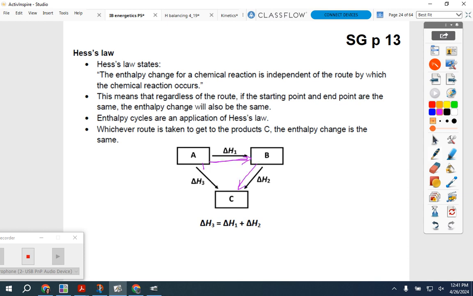If I take the sum of the steps, it adds up to the same thing as the straight path. This allows us to find a lot more information about energy and reactions than we might be able to do experimentally. So that change is the same as the sum of these changes.